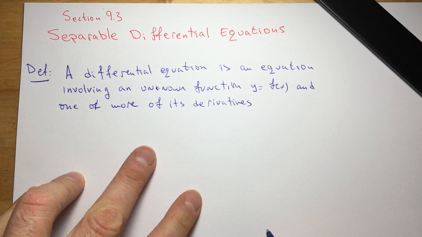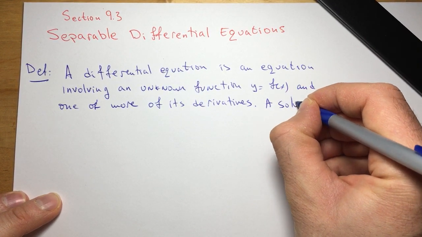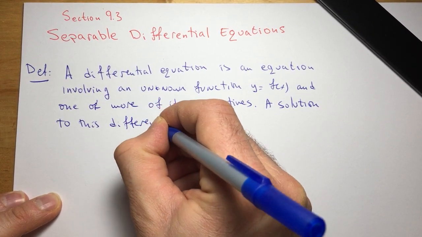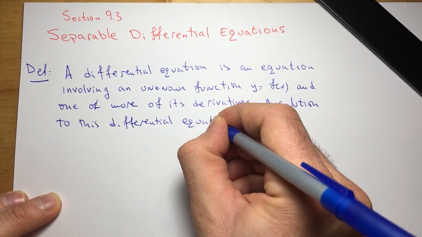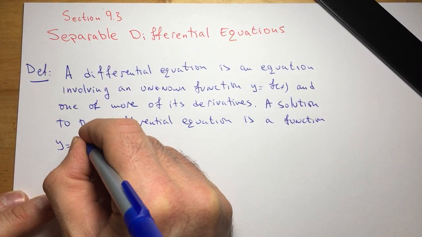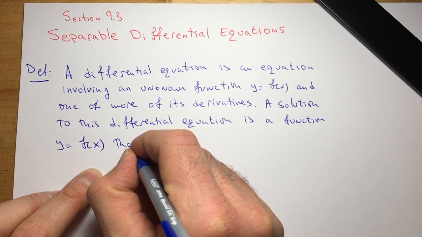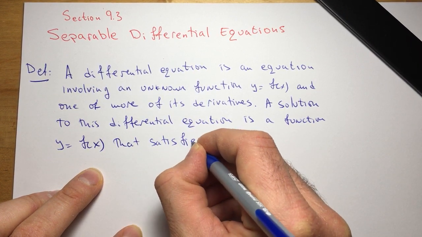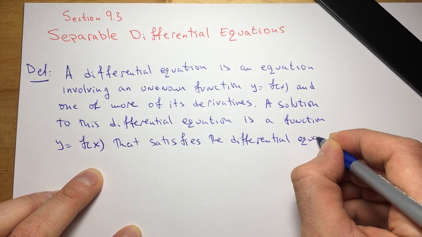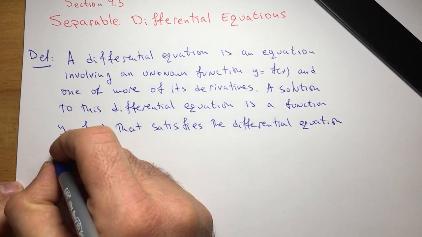A solution to this differential equation is going to be a function y is equal to f of x that satisfies the differential equation when f and its derivatives are substituted in the equation.